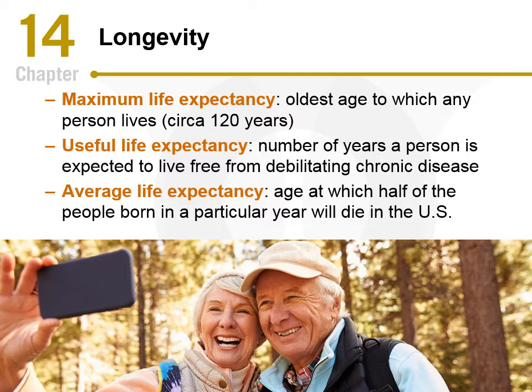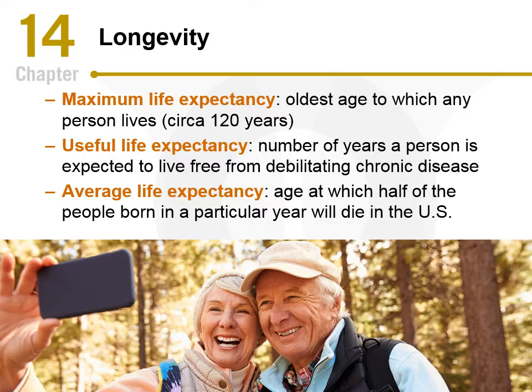If average life expectancy is 80, that means half the people born 80 years ago are still alive. One of the interesting statistics that I read not too long ago said that if you make it to 65 relatively healthy, which doesn't mean perfect, then on average, people live another 20 years.